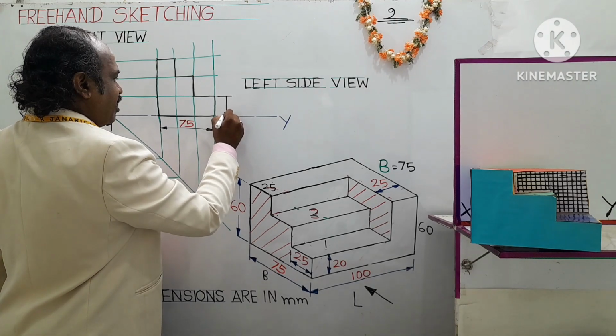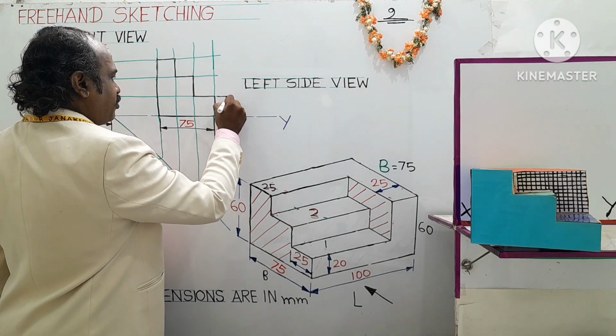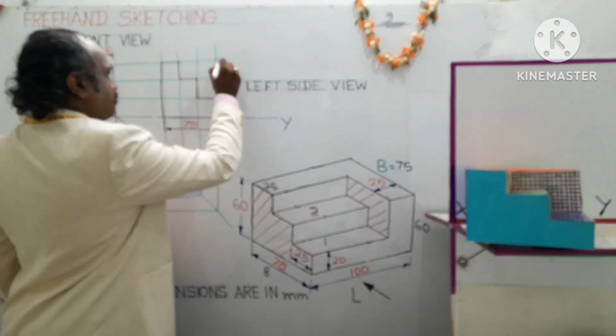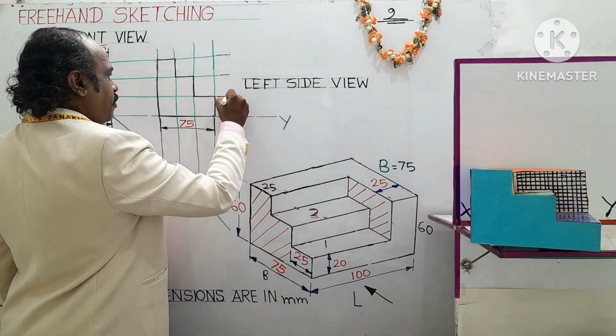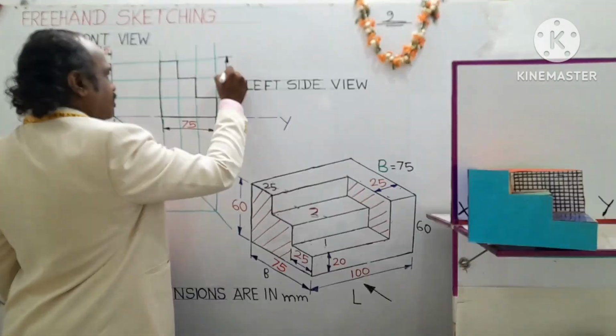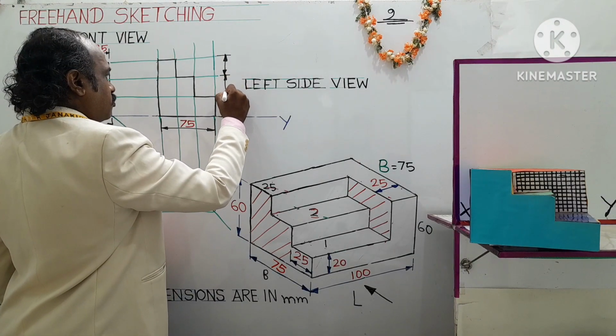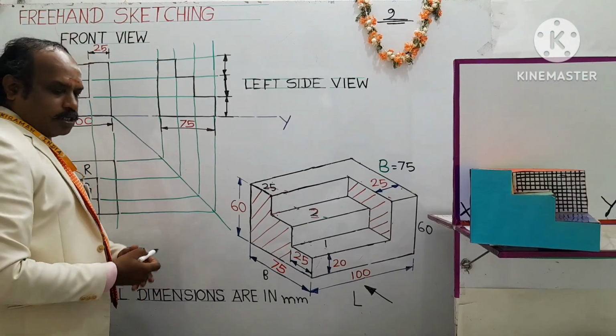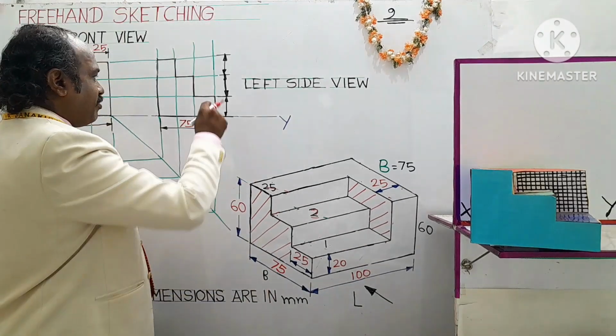Draw the extension line, then draw the dimension line, put in an arrow, shade the arrow, and write the height of various steps. Shade it. The step height is given as 20 mm.